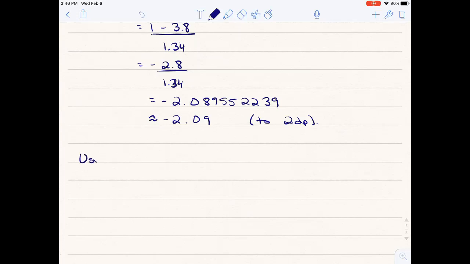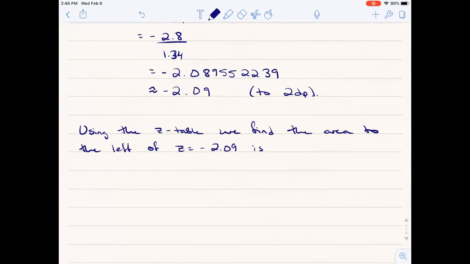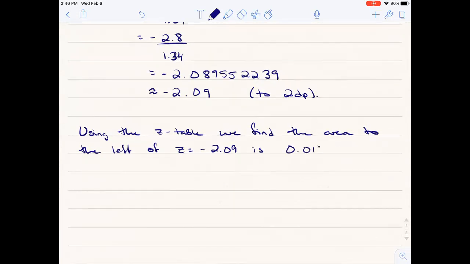So again, using the Z table, we find the area to the left of Z equal to negative 2.09 is 0.0183. Is that it? Yeah? Cool.